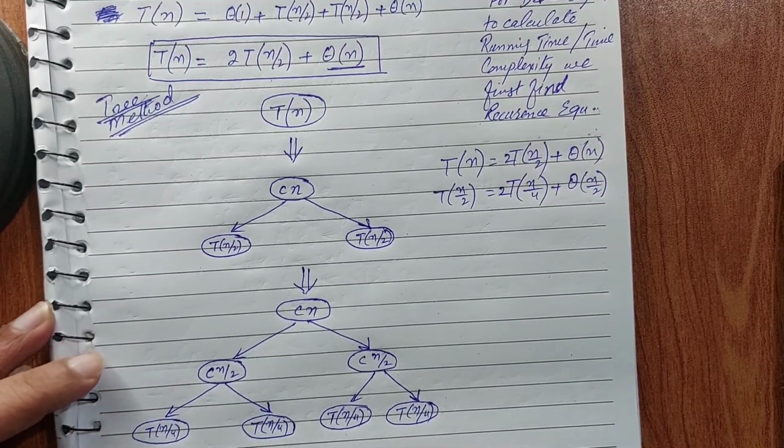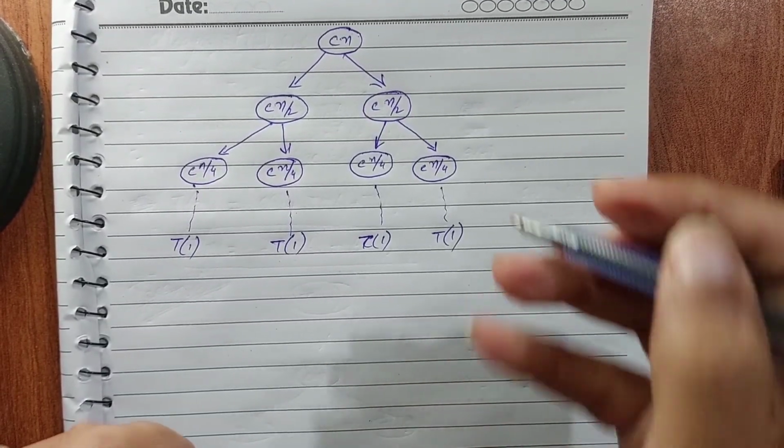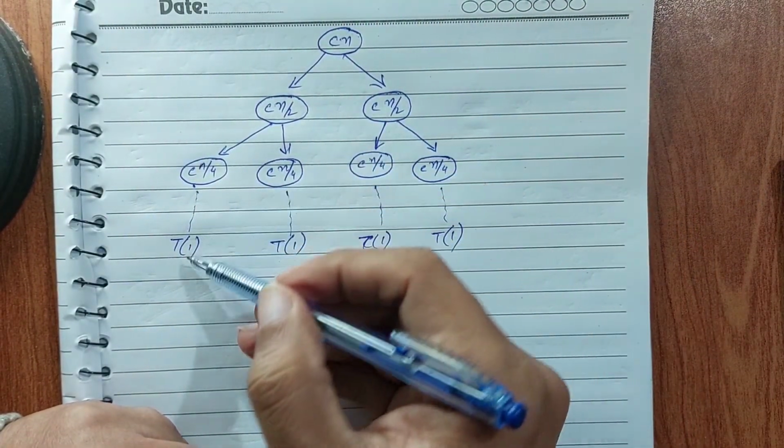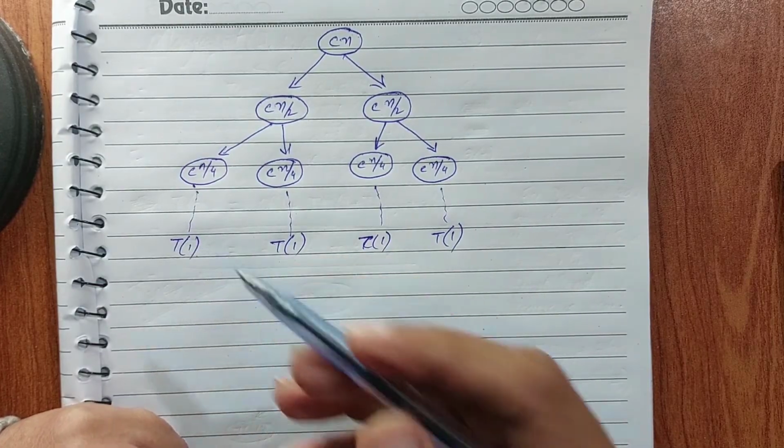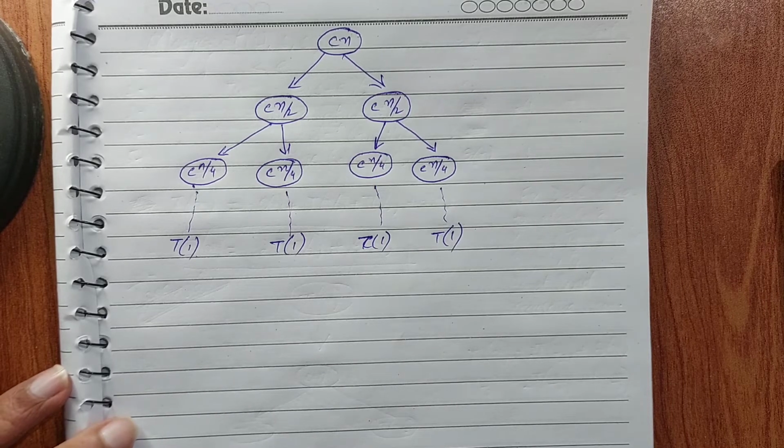Then we just keep on doing this for 2 or 3 levels, and then we will start calculating the time complexity. Now guys, we keep on doing this till we get T of 1. So we are dividing n by 2, then by 4, then 8, then 16, so the value of n is reducing in a binary form.